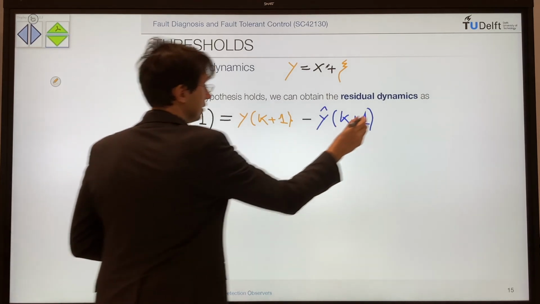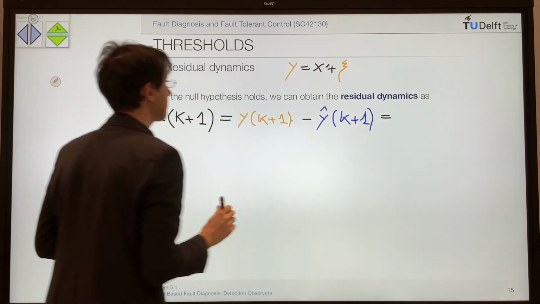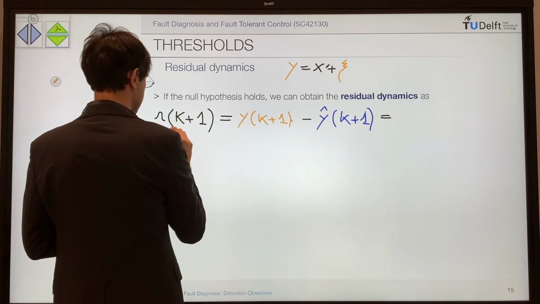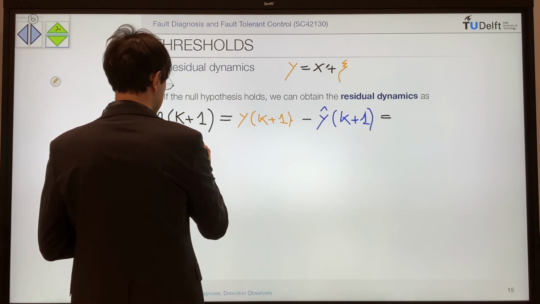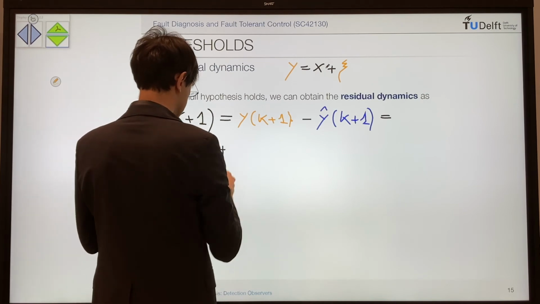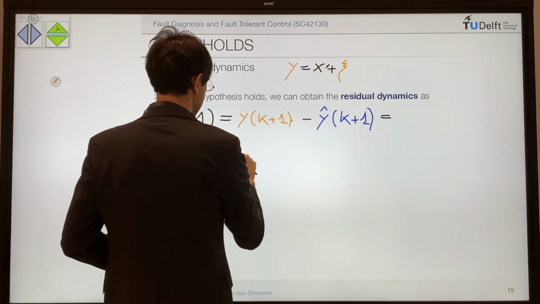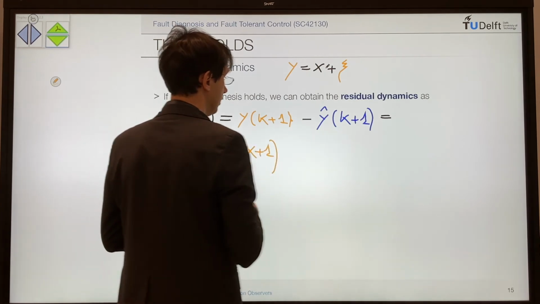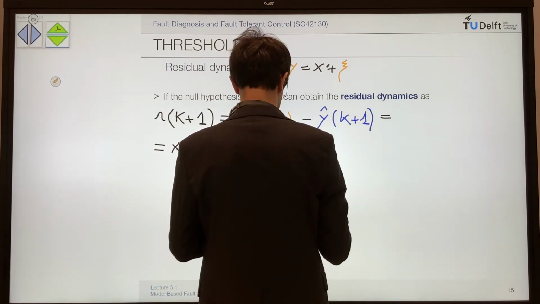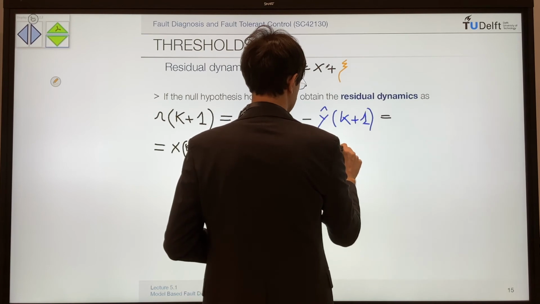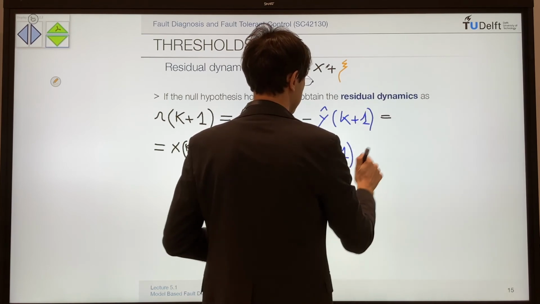So this is equal to the state at time k plus 1, the true one, plus the uncertainty at time k plus 1 minus the estimate of x at time k plus 1. Okay, so far we expanded the output equation.